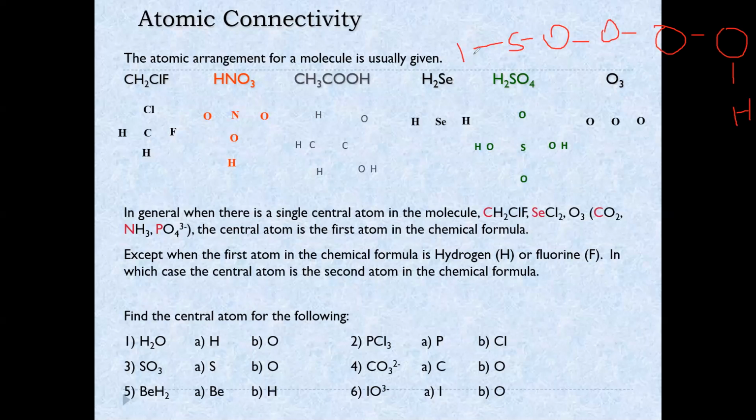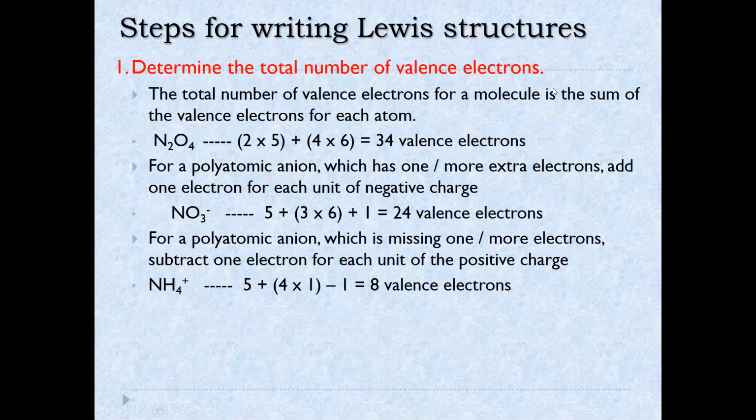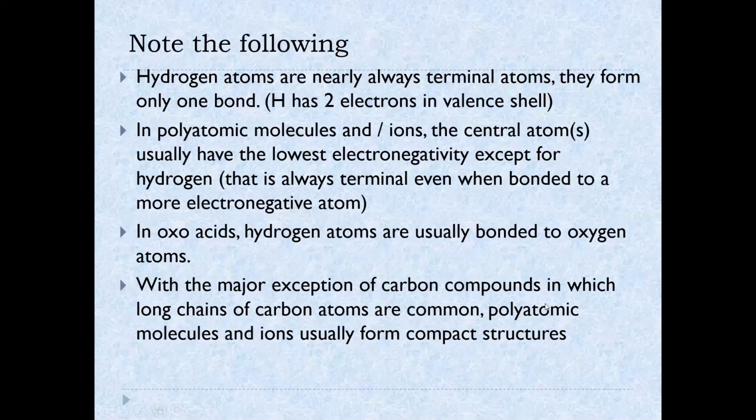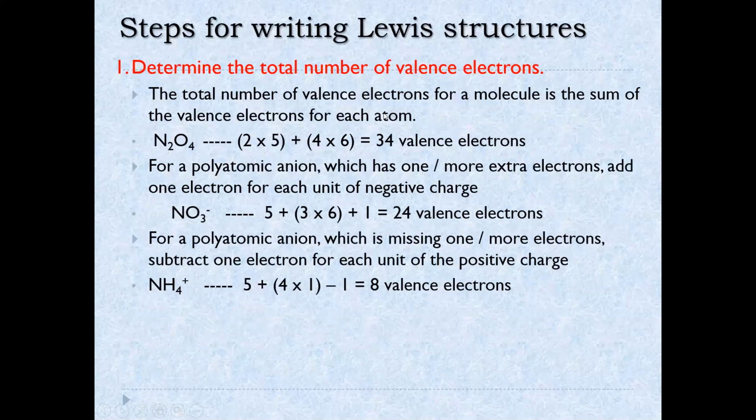The rule says we should make it as compact as possible. So the rule says that with the major exception of carbon compounds, where you have long chain hydrocarbons, polyatomic molecules usually form compact structures.